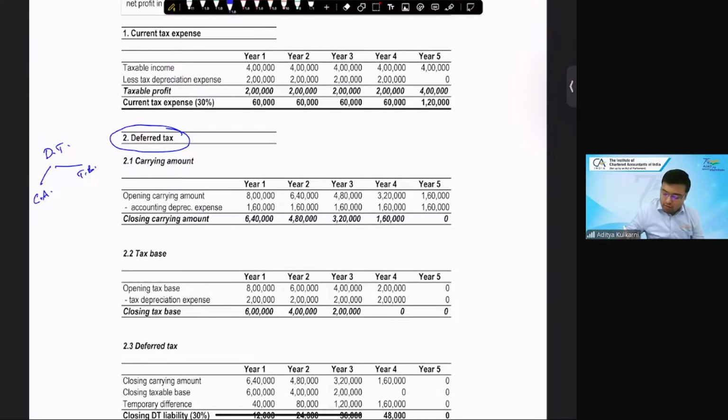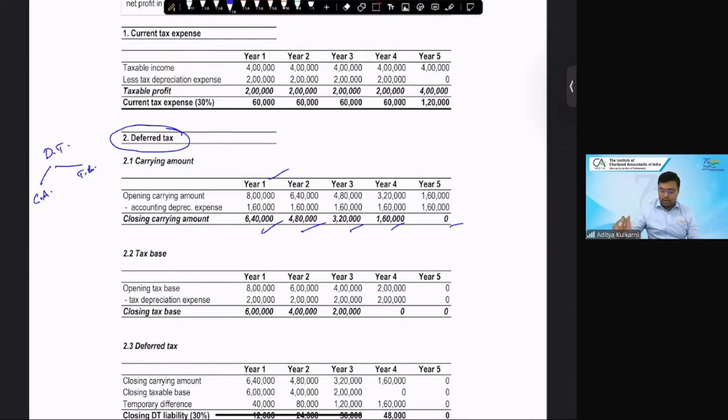So book value for accounting is 8 lakh minus yearly depreciation of 1 lakh 60, so 640, 480, 320, 1 lakh 60 and 0. Are you able to understand this? Yes, sir. Book value and carrying amount, understood?